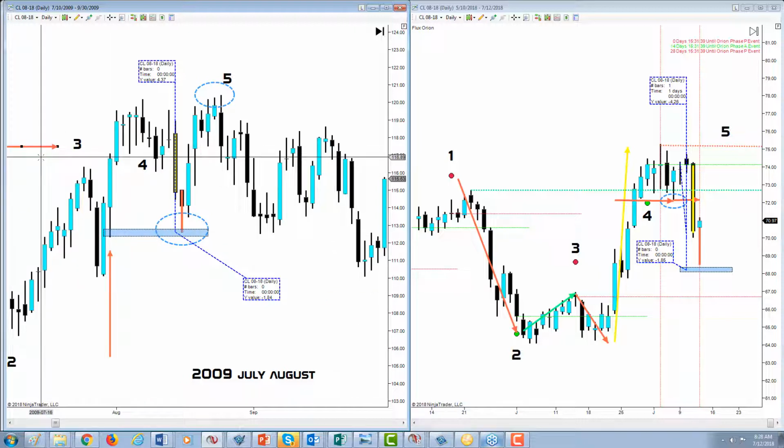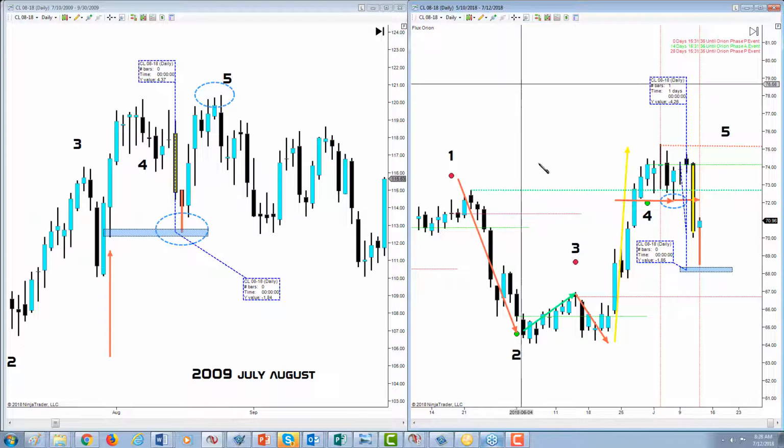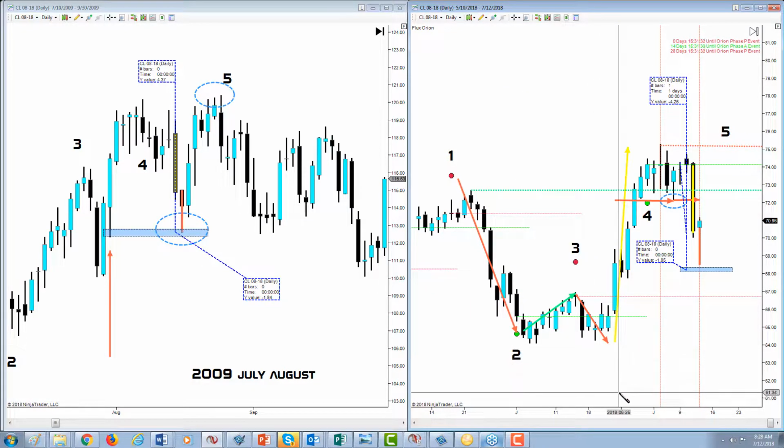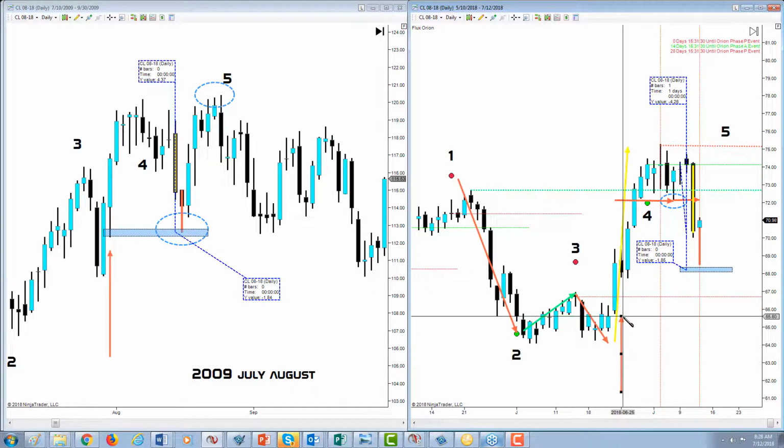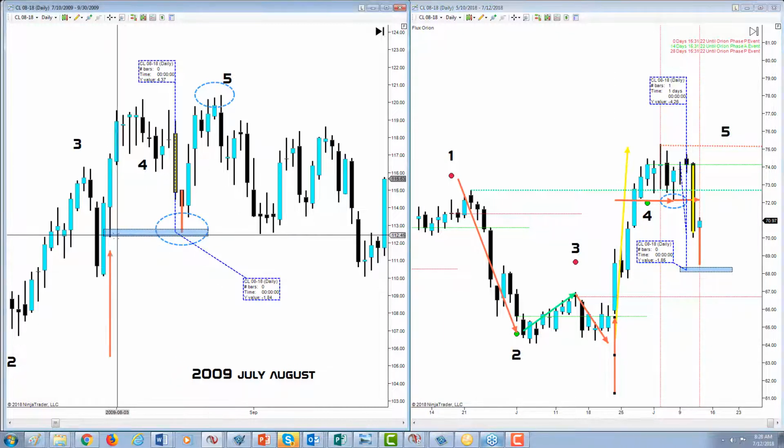Over on the other side, that escape breakout candle is here. In this diagram, the low of the escape candle turned out to be the retracement.